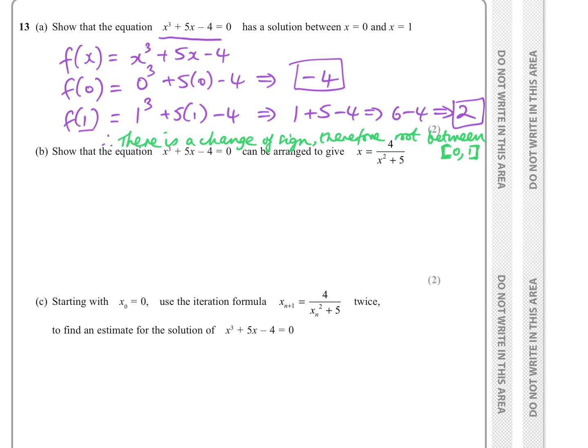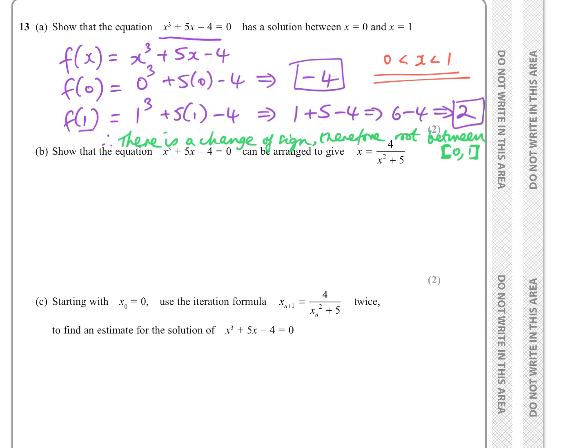There's many ways of ending that sentence there. You could say, for example, as there is a change of sign, there must be at least one root, and you can use inequalities. So you could say something like this. There is at least one root in the interval, and then just state this instead.